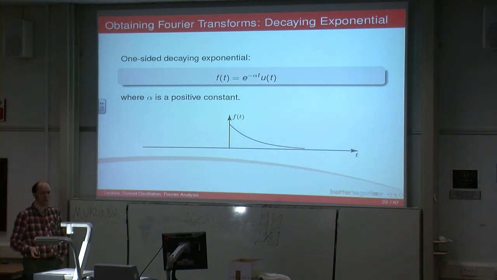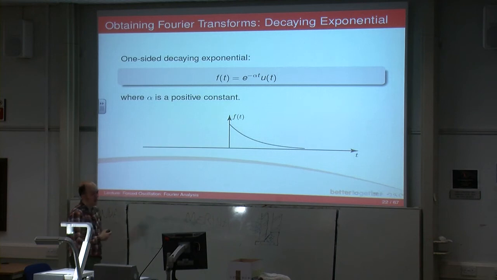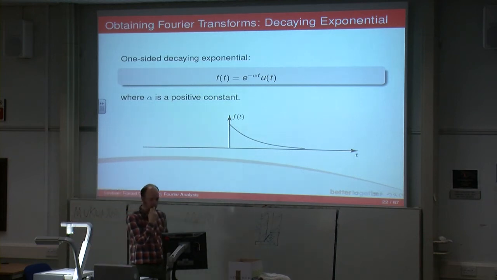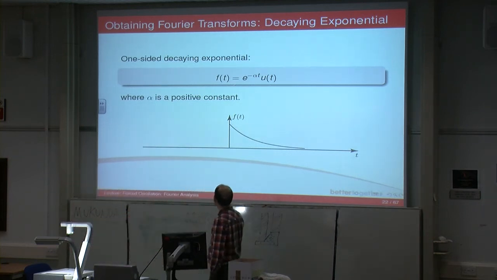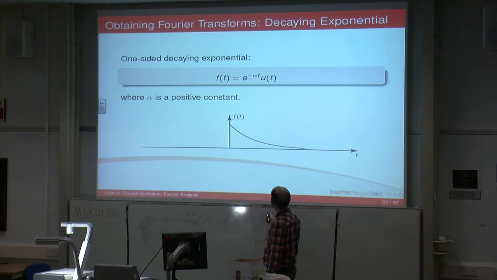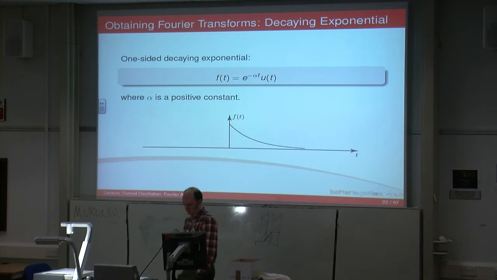So that's what that u(t) stands for, where alpha is any positive constant. Positive is important because otherwise you've got a minus times a minus, which becomes a positive, and you get a function that increases with time, not decaying with time.